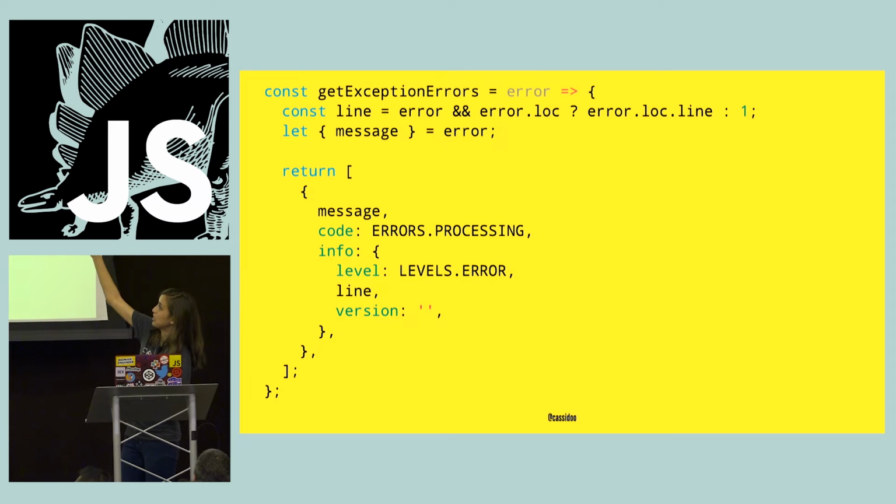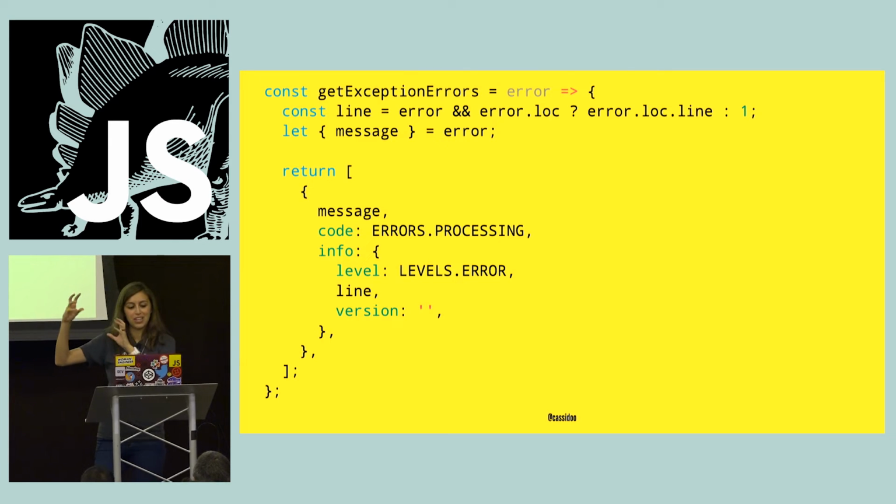And here we just get the line. That line is kind of silly because the line of the error will almost always be 1. But if the error is not, it'll be that just because of how Babel transformed it. Anyway, we get the line error, and then if the line error doesn't exist for whatever reason, it returns 1.